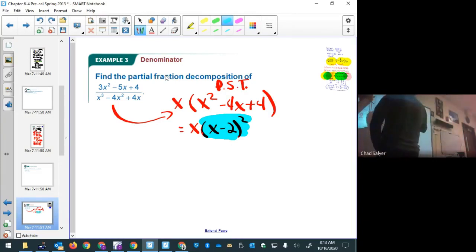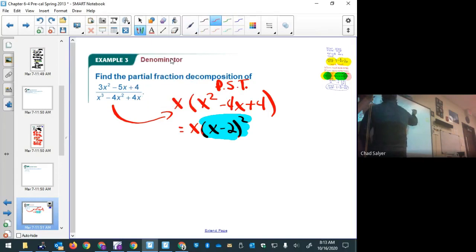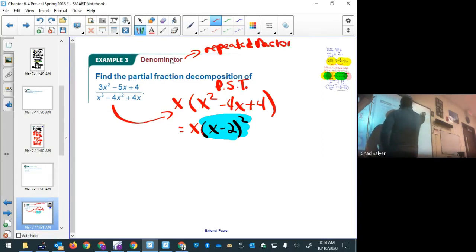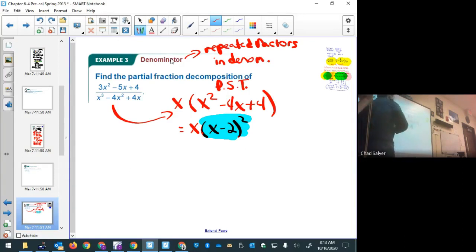So when you have a factor that is repeated, this particular technique is going to be when you have repeated factors in the denominator. So repeated factors in the denominator, we must account for all powers of it, up to and including the final power.